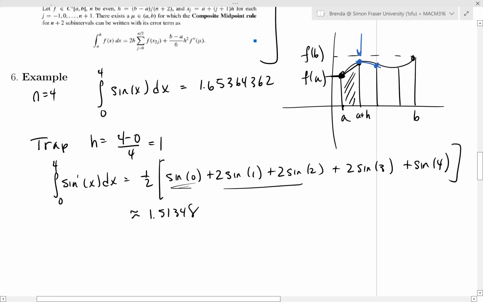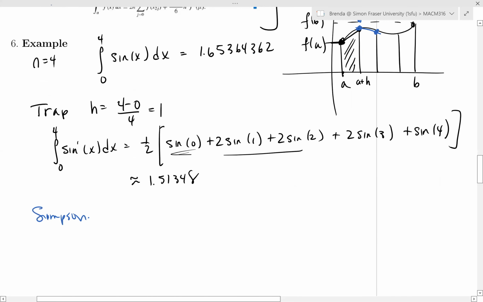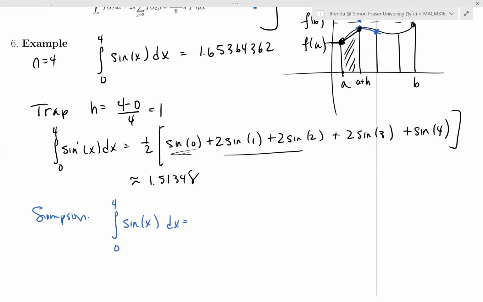That is the trapezoidal rule. Any questions about that? Okay, let's do Simpson on the same thing, how to actually use this stuff. On Simpson's rule, the integral from 0 to 4 of sine x dx is going to be equal to 1/3, still with n equals 4.